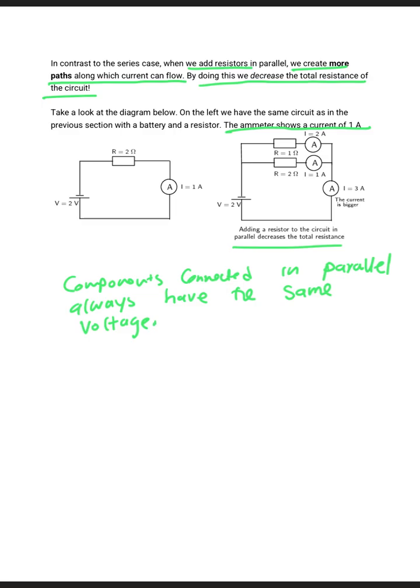So if the bulbs are connected in parallel, we'll say that the bulbs have both the same resistance and the same potential difference.